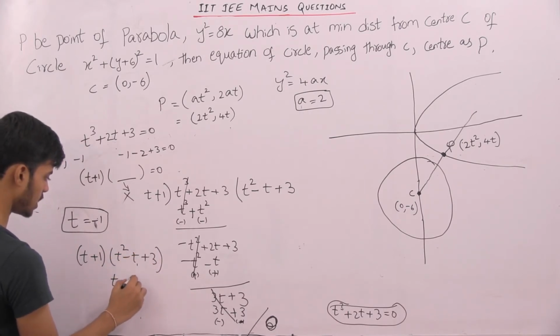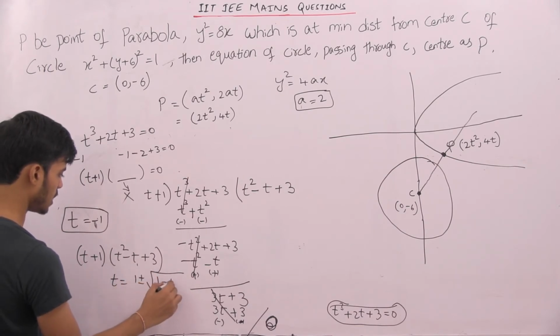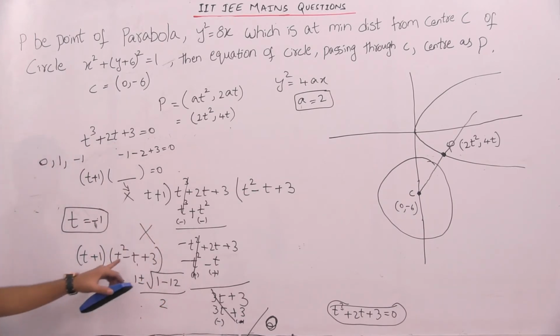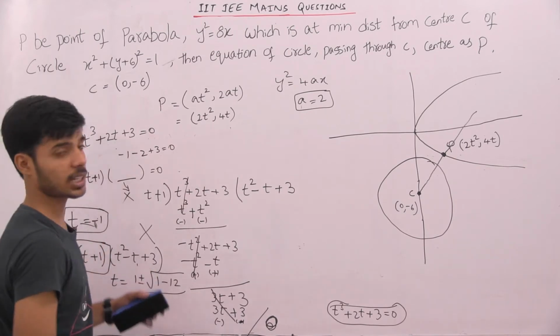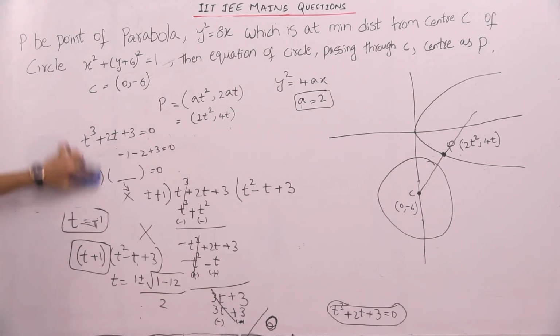For this quadratic, using minus b plus or minus root of b square minus 12 by 2a, the discriminant is negative, so this won't give us any roots. All we have is t plus 1, which is t equal to minus 1. So t equal to minus 1 is the only value we can use.